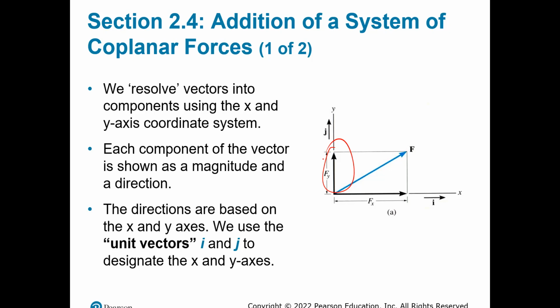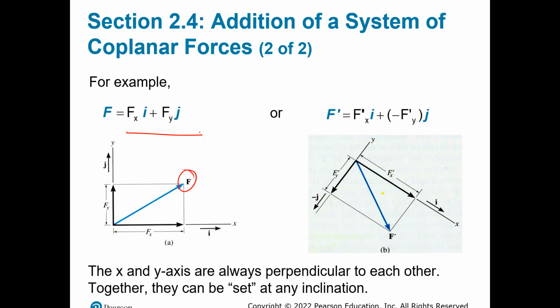I'm pretty sure you already had this in physics, but we're just going through definitions and more definitions. So essentially, if you have the vector F, that F can be broken up into Fx i and Fy j, because the unit vectors are valued as 1, and they help us establish the direction of that vector.